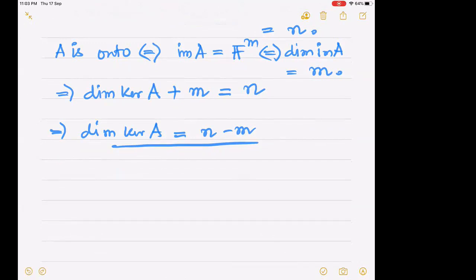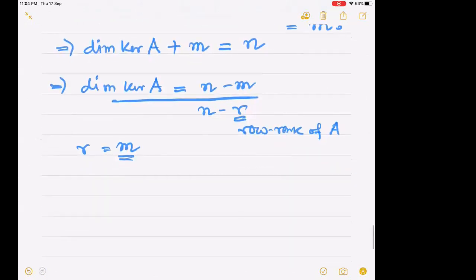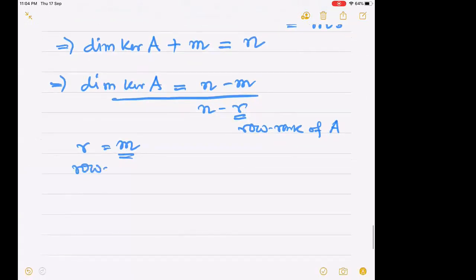This dimension being n minus m, we have already seen from row reduced echelon form that the dimension of kernel of A is always equal to n minus r, where r happens to be the row rank of A, the number of non-zero rows in the row reduced echelon form of A. What this tells us is that r is equal to m, which means row rank of A is equal to m.